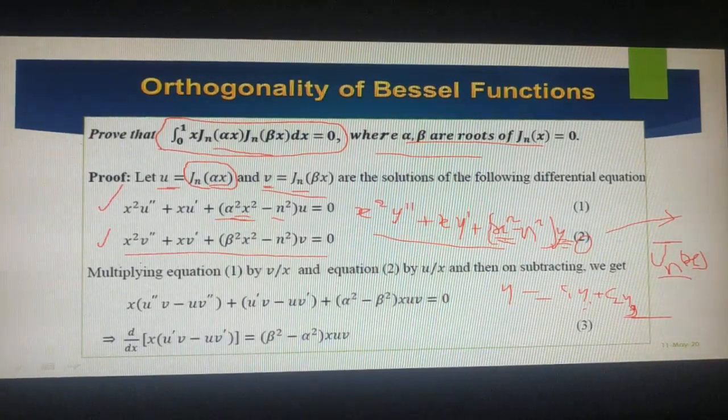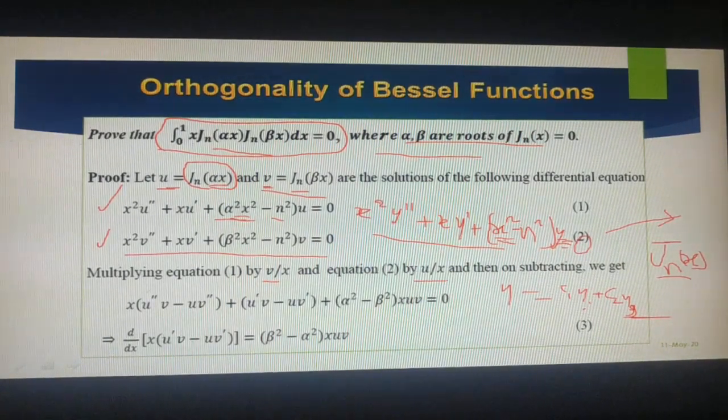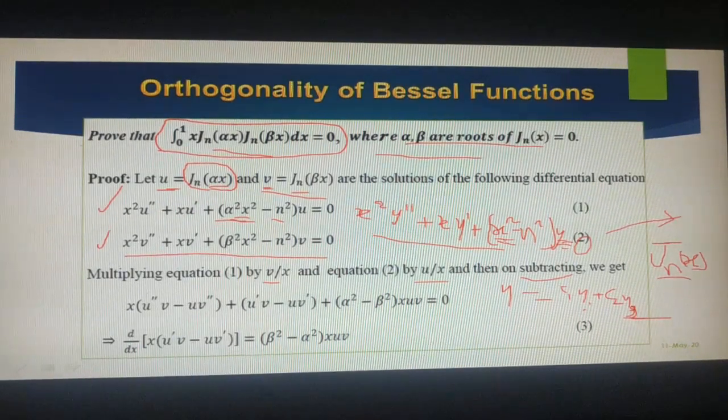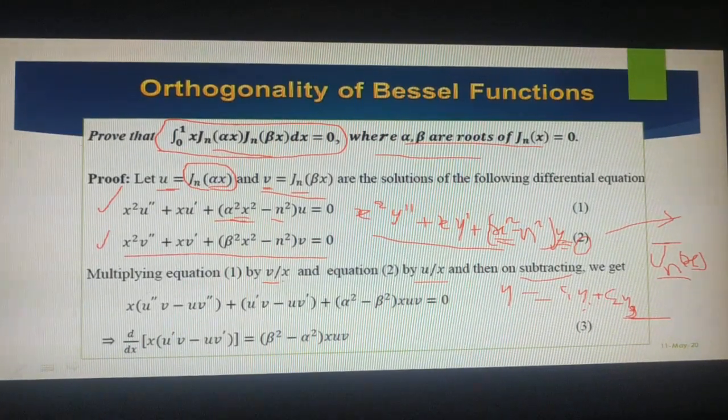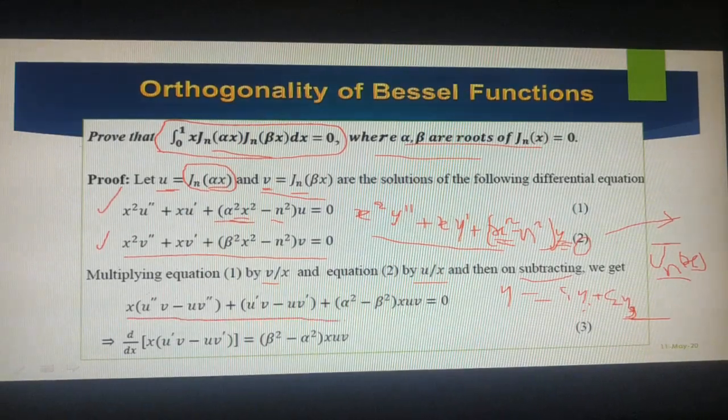Now to simplify further, we have to remember to multiply the first equation by v by x, and the second equation by u by x, so that after multiplying and subtracting, we get a result. Do this rough work and check for yourself. First equation multiplied by v by x, second equation multiplied by u by x, and then I subtract the second from the first, and I get this result.